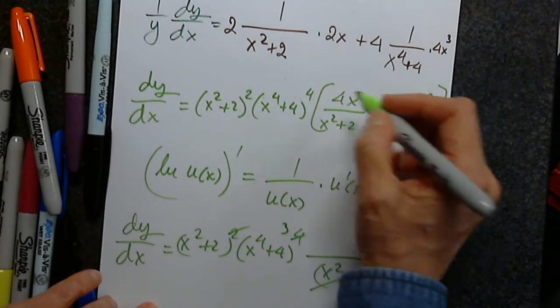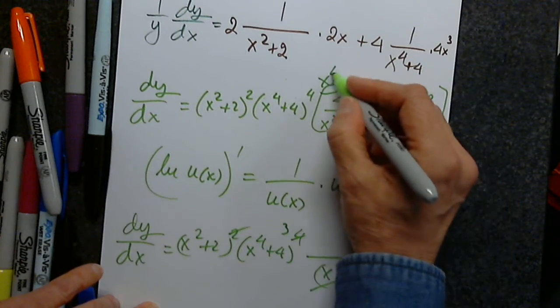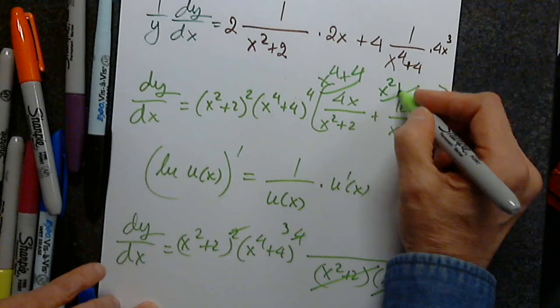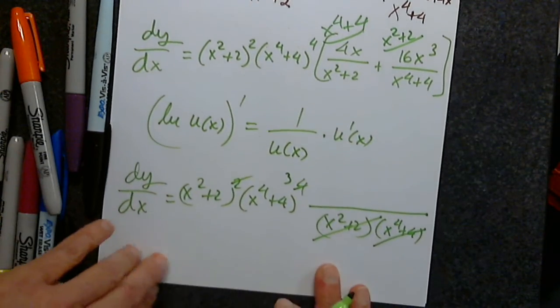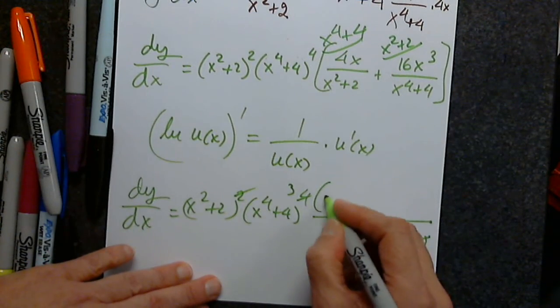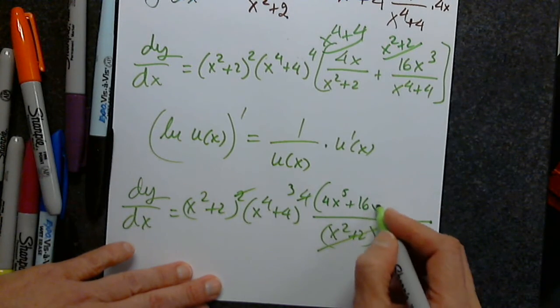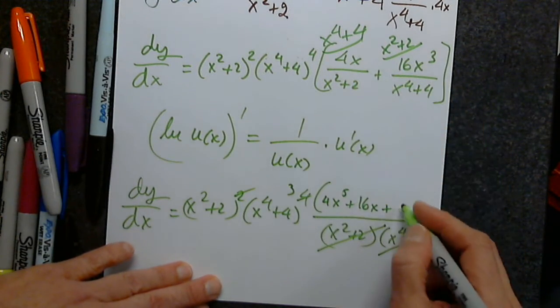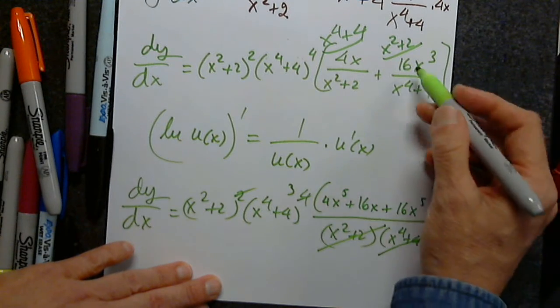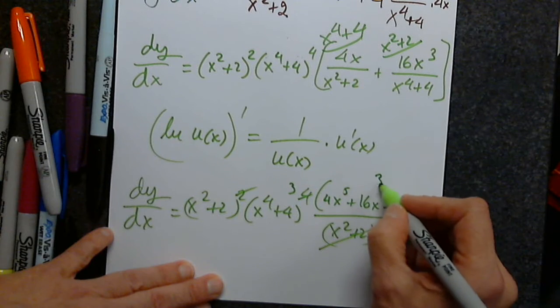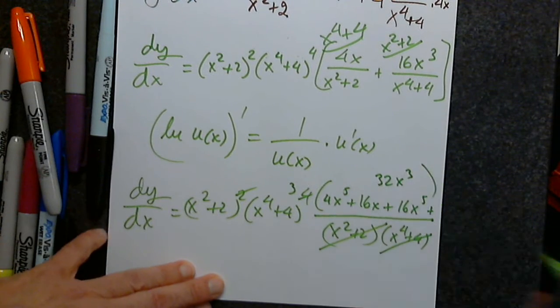Okay, so now this one needs to be multiplied by x to the 4th plus 4, and this one needs to be multiplied by x squared plus 2. So 4x to the 5th plus 16x plus 16x to the 5th plus, surprise, I ran out of room, 32x to the 3rd.